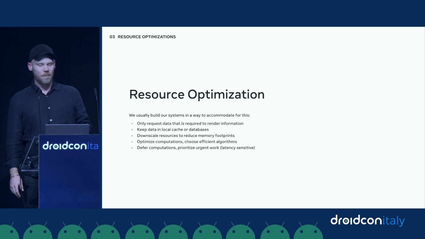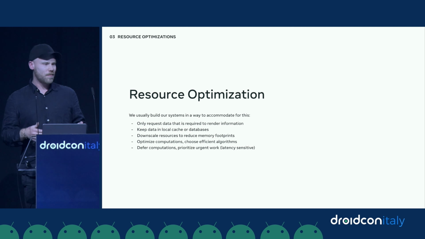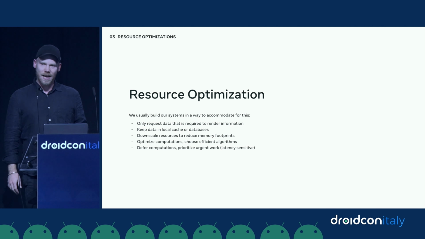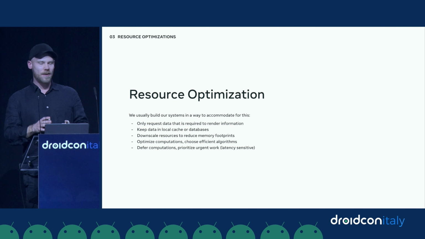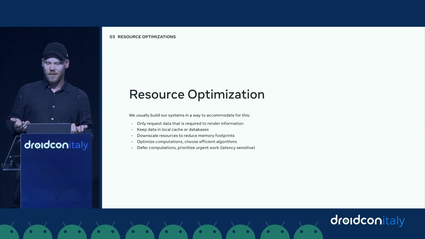And we are optimizing computations by choosing efficient algorithms and avoiding endless loops over data that we don't need to process. We also defer computations. We are prioritizing urgent work that we need right now in the moment, just to make sure that if a user clicks on a button, something is happening and they're not just stuck without knowing what is actually going to happen, right?